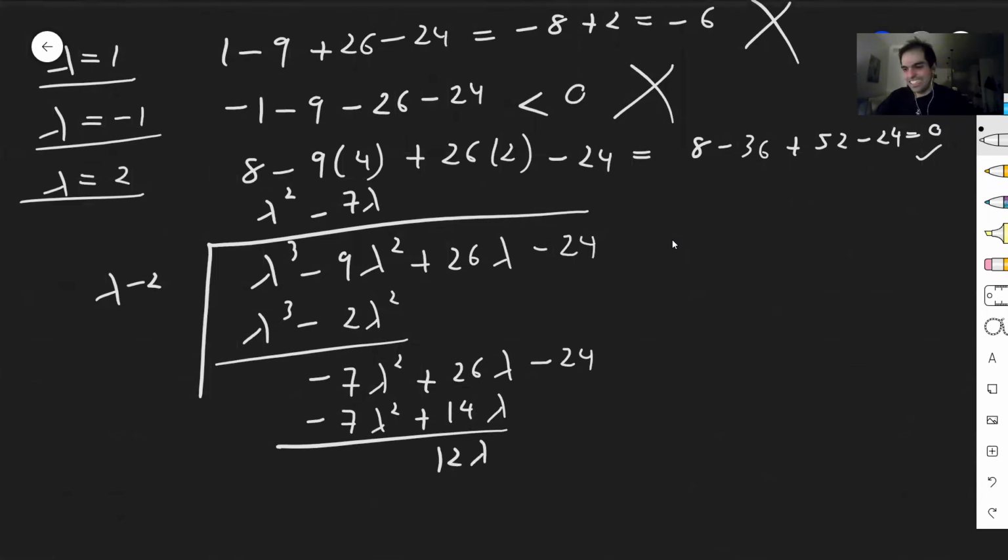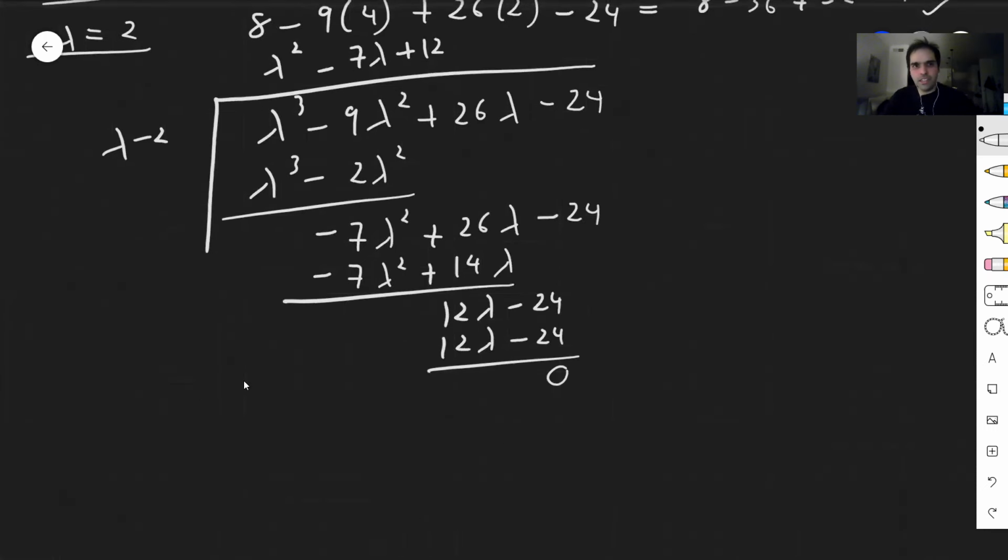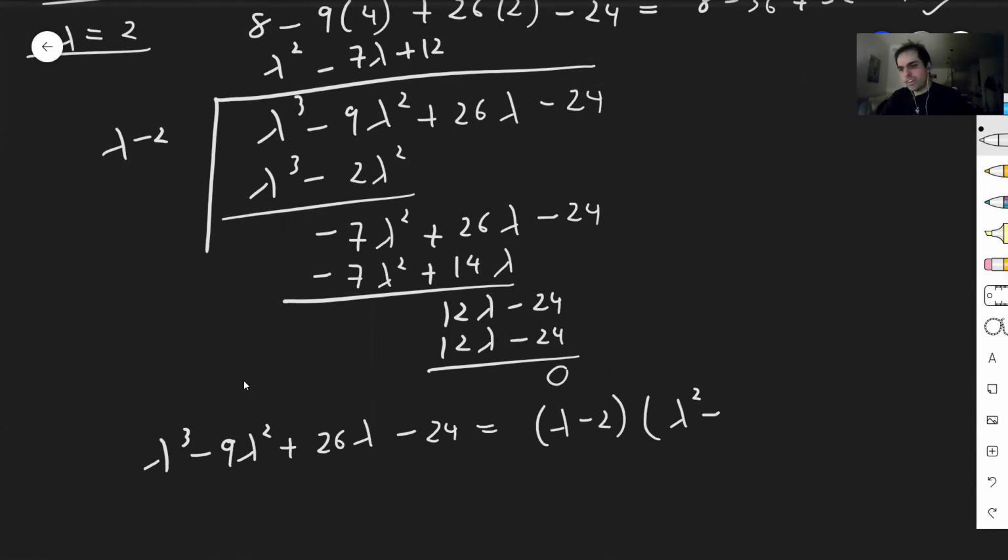Oh my God. So 12 lambda minus 24, and then I guess plus 12, and then you get 12 lambda minus 24, bazinga. So it gives you 0, which tells you that lambda cubed minus 9 lambda squared plus 26 lambda minus 24 is lambda minus 2 times lambda squared minus 7 lambda plus 12.